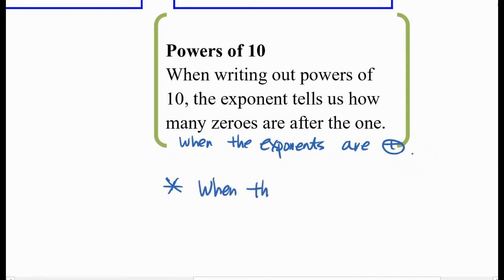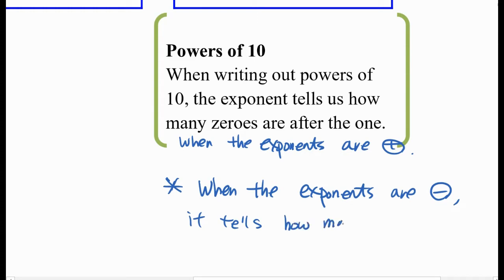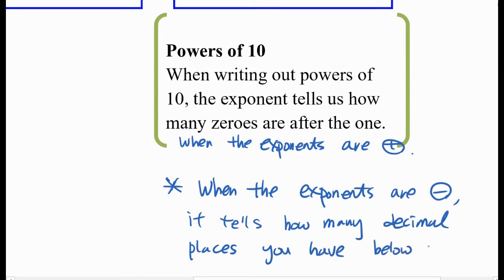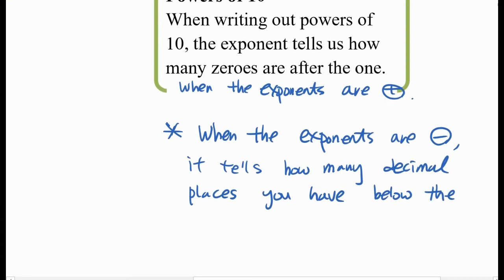When the exponents are negative, it tells you how many decimal places you have below the decimal point.